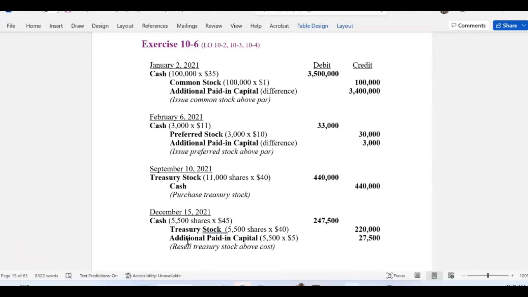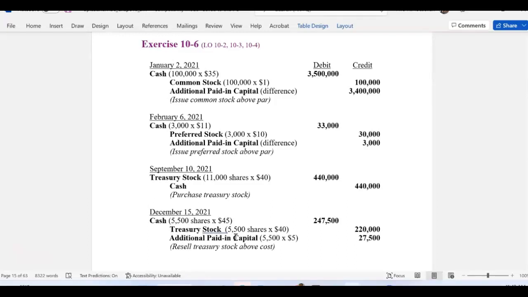Okay. Now, one thing that I'd like you to remember: in case the company sells the other 5,500 shares with a lower price than the purchase price, let's say instead of selling at 40, selling for lower than 40, the loss comes out from additional paid in capital dash treasury stock.